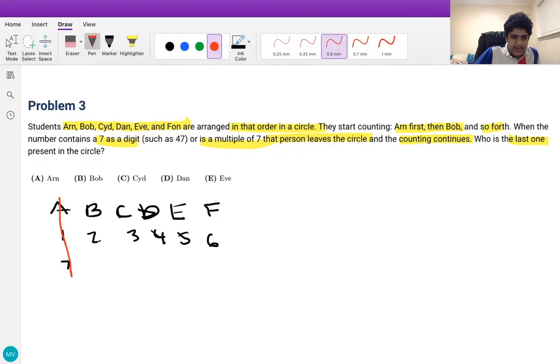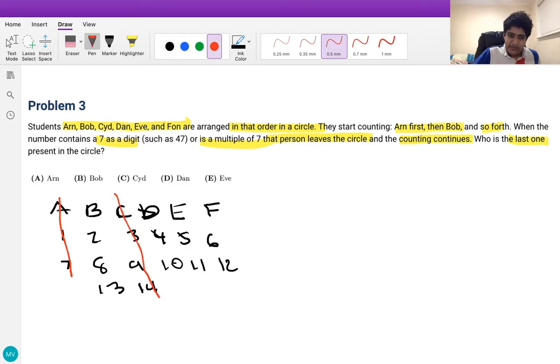Bob says 8, Sid says 9, Dan says 10, Eve says 11, Fawn says 12, Bob says 13, and Sid says 14, and is then kicked out of the circle, since 14 is a multiple of 7.